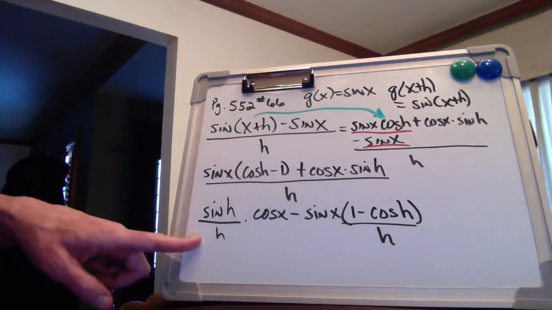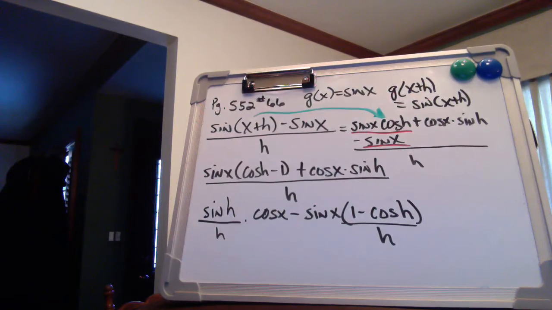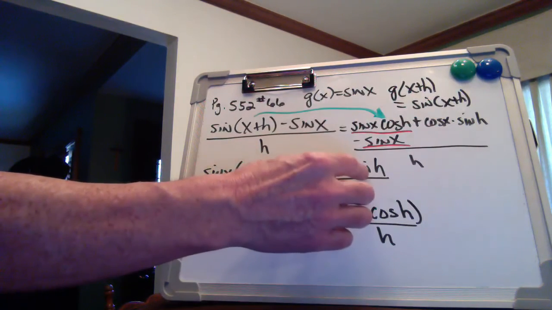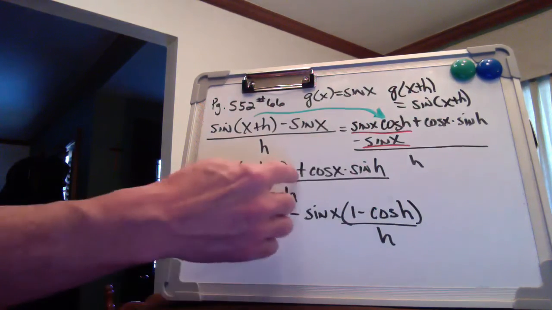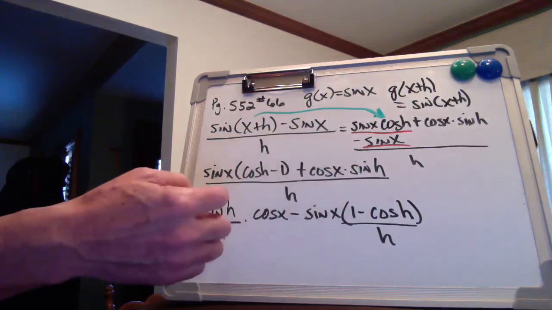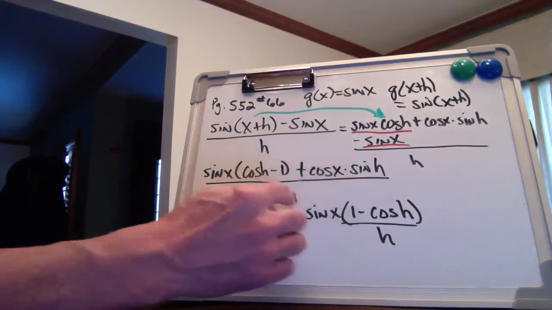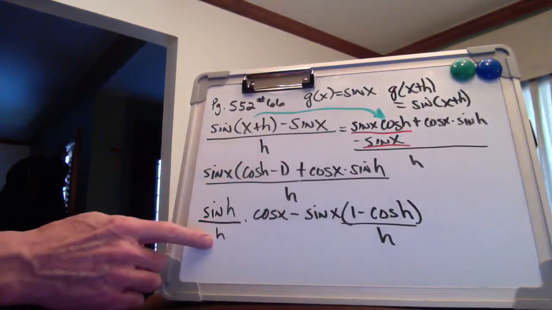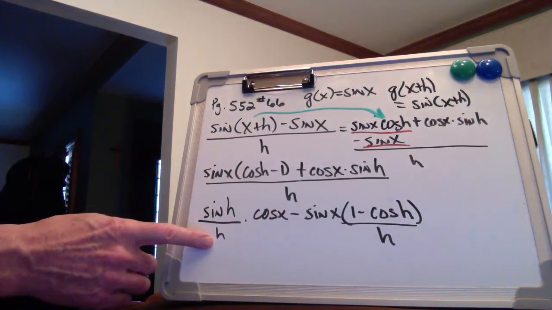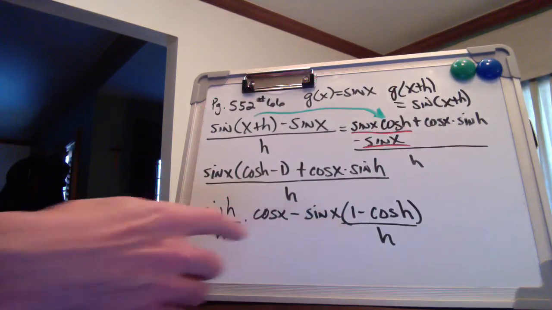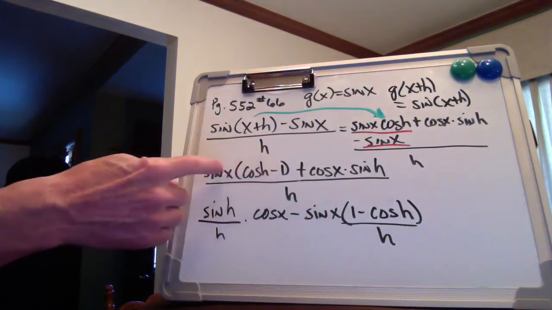Now this is what you wanted to end up with, so just look at this right here. What I'm going to do is I'm going to take this term and put it first. It's addition, so the order doesn't matter. And another way to write this right here is this. It means the same thing. Then to get this term here, what I'm going to do is I'm going to factor out a -1 from here.